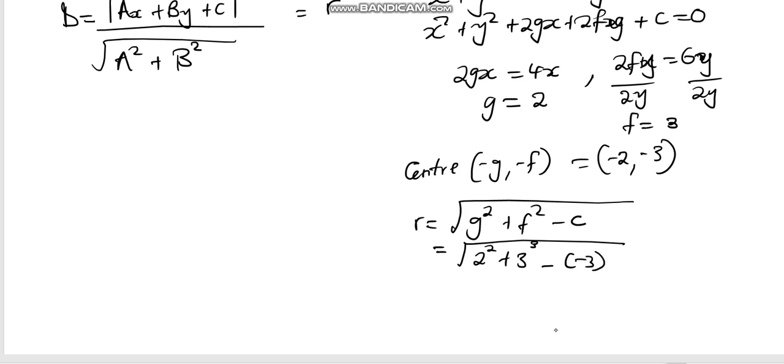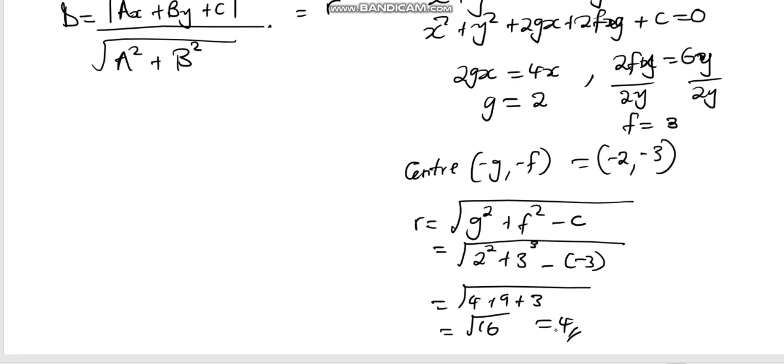This will be the square root of 4 plus 9 plus 3, so that will be 16, and the square root of 16 is equal to 4. So now we have that our radius is equal to 4. If the distance that we get is equal to 4, then this line is tangent to the circle.